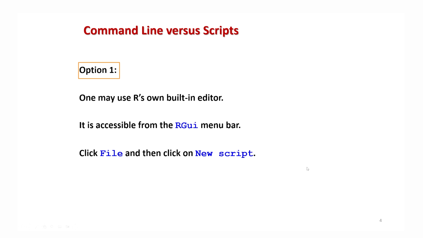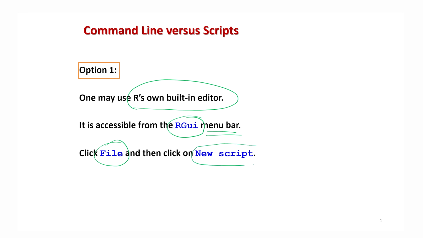Now, in order to use the text editor, there are several options. One common option is that our software also has a built-in editor. If you go to the R GUI window, then in the menu bar there is an icon, File, and if you click on File, there will be a New script option, and you can click over this.